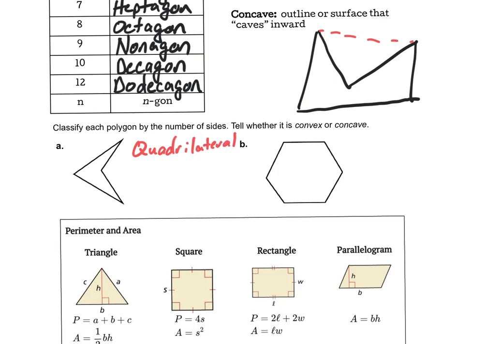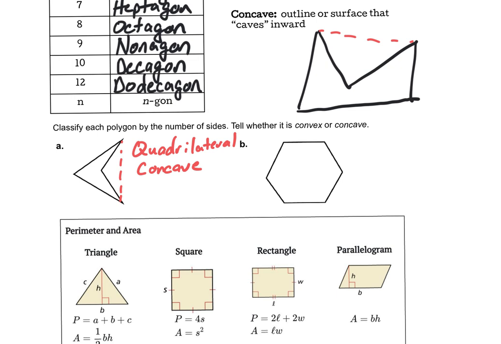What do you think, convex or concave? Concave. One way you could tell is when I connect those two together, they're connected on the outside of the figure, not the inside of the figure.